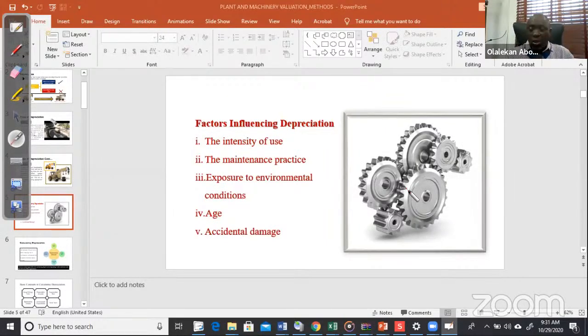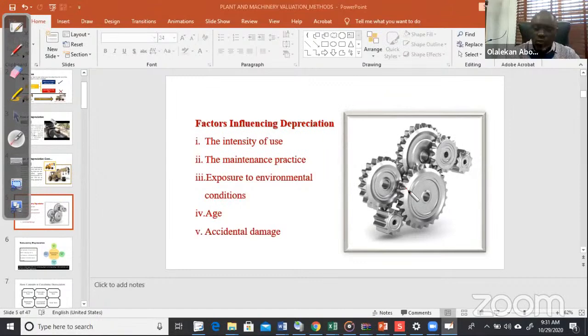Lagos mainland and Lagos Island have different environmental and atmospheric conditions. Those that are close to the Atlantic Ocean suffer heavier deterioration in terms of paints than the majority of us on the mainland. That is the effect of exposure. Then age, and apart from that, accidental damage.